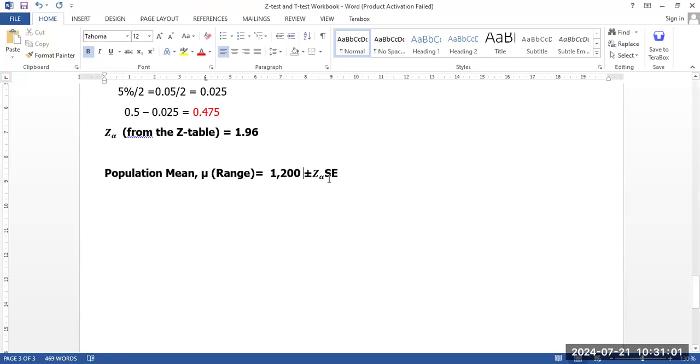Then what is your value from the table? 1.96. Then times what is your standard error? 6.641.